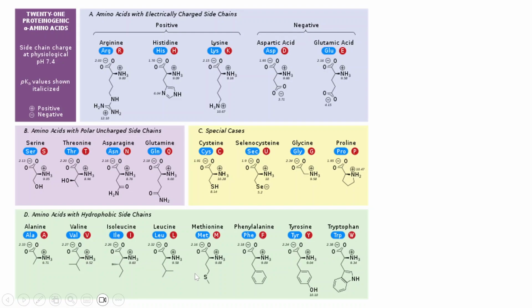Aliphatic side chains basically make them hydrophobic, they can't make any hydrogen bonds, and thus these amino acids are present inside the core of the protein, whereas the hydrophilic moieties can easily interact with the aqueous environment and are at the outer portion of the protein.